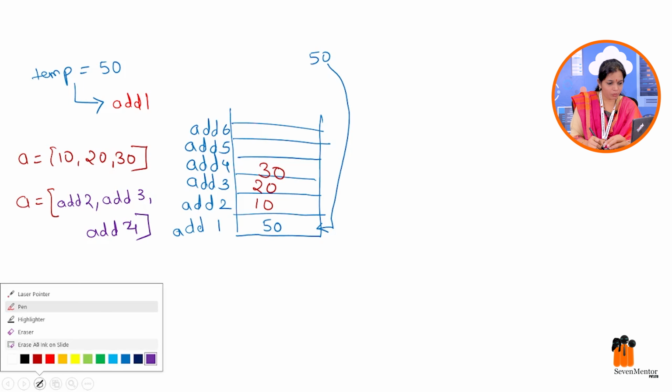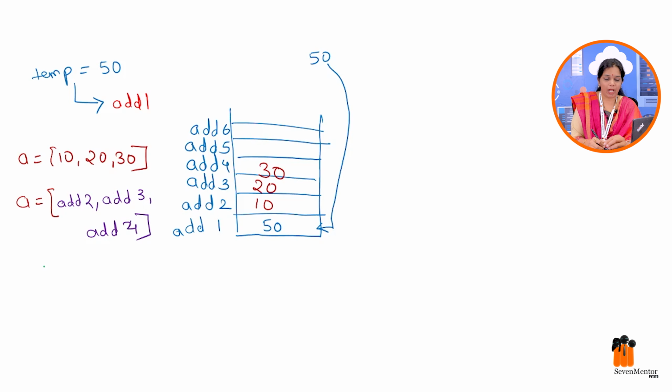Suppose again we want to append. Let's suppose I want to do A dot append. When I write only append 40, it will automatically append at this address. Also here it will have the address, 5. So it will be having the address instead of the value.